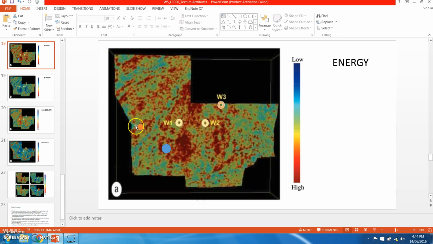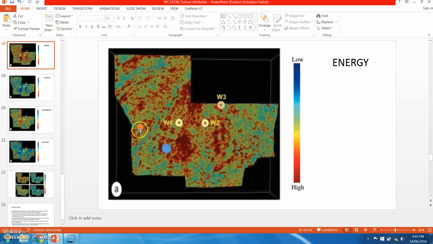Anyway, the dots pointed here are the next potential drilling targets, if we are given instruction to suggest the possible location for well 4. This might be the possible location for well 4, with the reason that if I'm choosing the blue wells here, it might give the same amount or the same quality of hydrocarbon as well 1 and well 2.